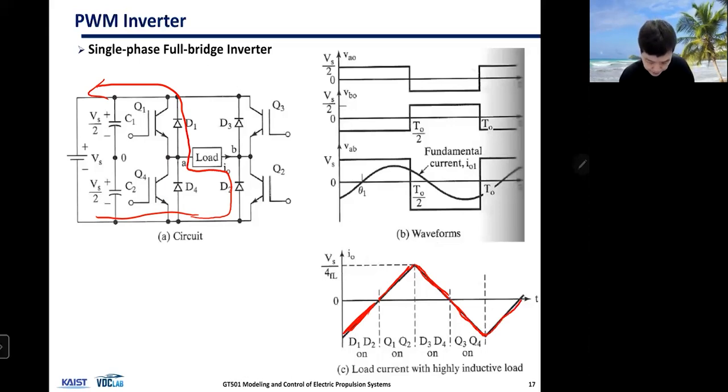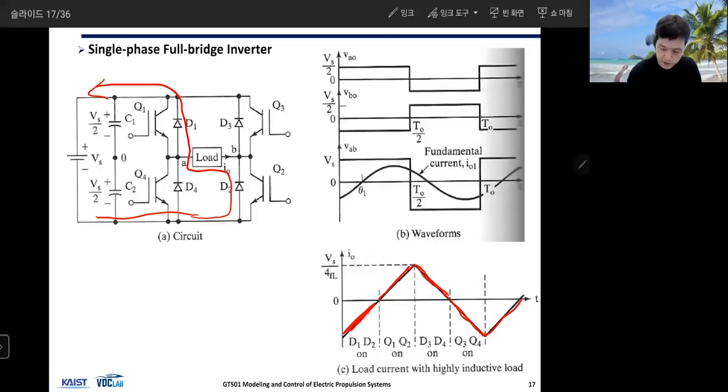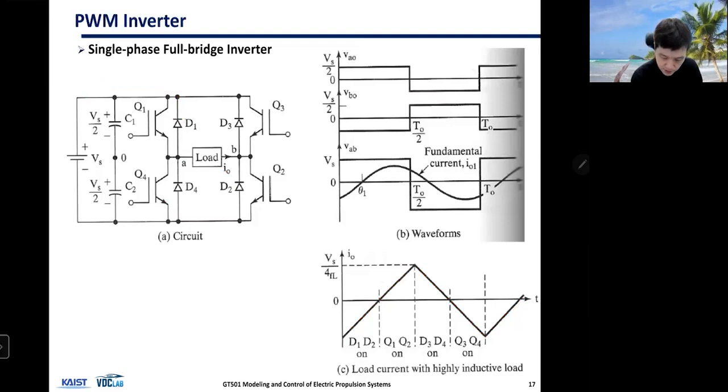So you're basically generating this alternating current from the load perspective. Okay, from the load perspective, the current is flowing this direction for this time period, and then this direction for this time period.